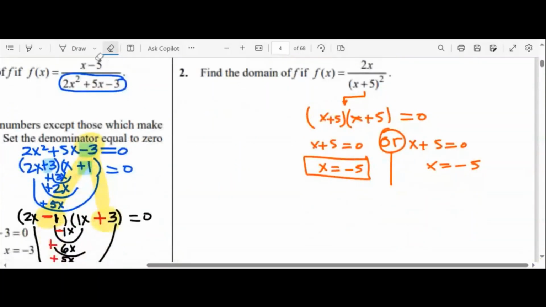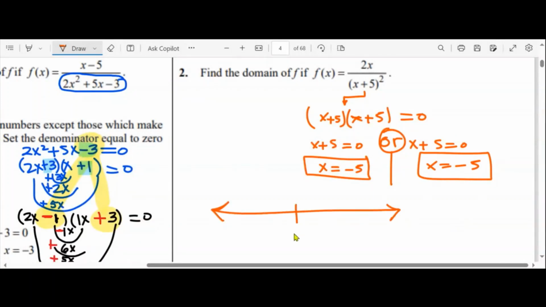Okay. So now I have x minus 5, x minus 5. So that means what? From where to where? Where is -5? Right. So in this case, it's going to be from where to where? Minus infinity to -5, and -5 to infinity. Yes.